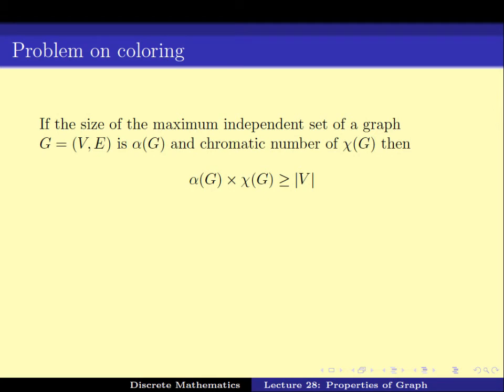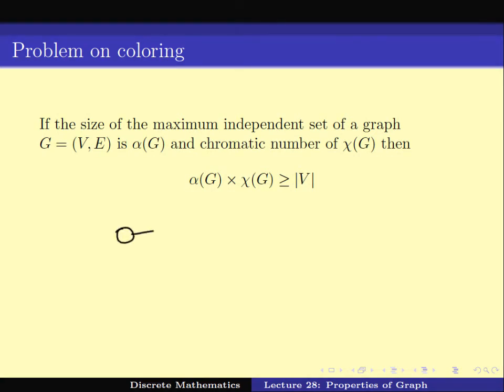It basically follows from the definitions.